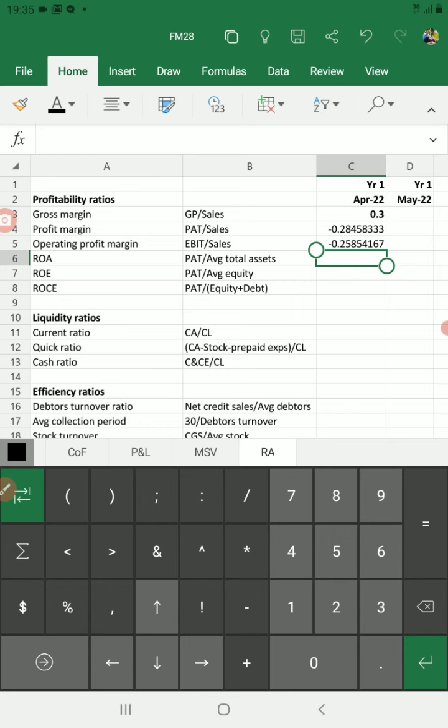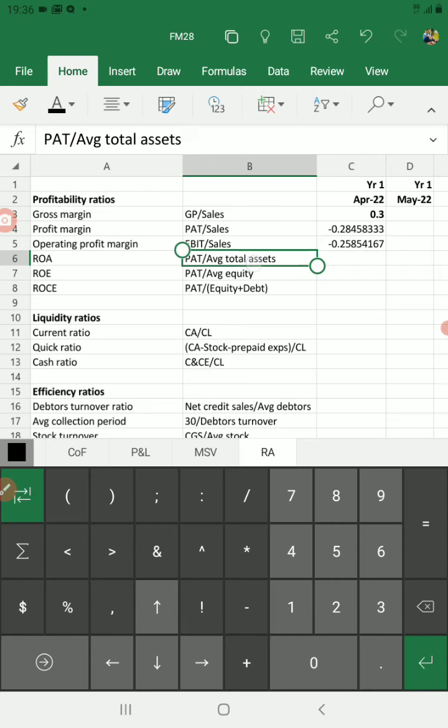ROA, return on assets, that is profit after tax divided by average total assets. Okay, so that also measures for each dollar of asset deployed within the business, how much are we generating return on it.